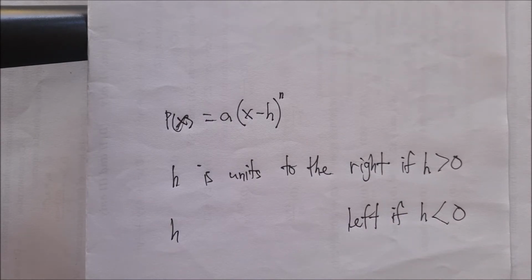We can determine the graph moves up if the constant k is greater than 0. If the constant k is less than 0, it is located down, or the lower part. If the graph is on the right, the constant or the unit h is greater than 0. If on the left, h is less than 0.